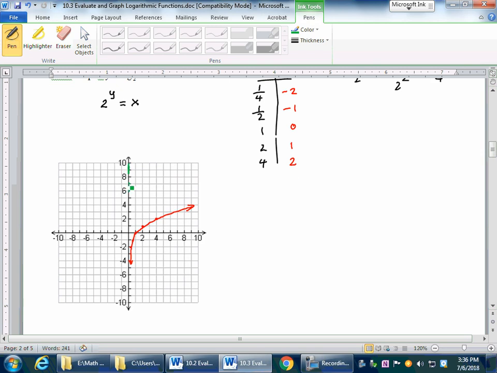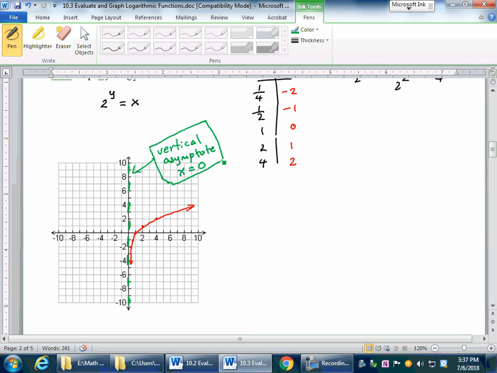So this will become my vertical asymptote, which is x equals 0. I want you to have your 10.2 notes next to you so that you can see what's changing from the first example of the graph.